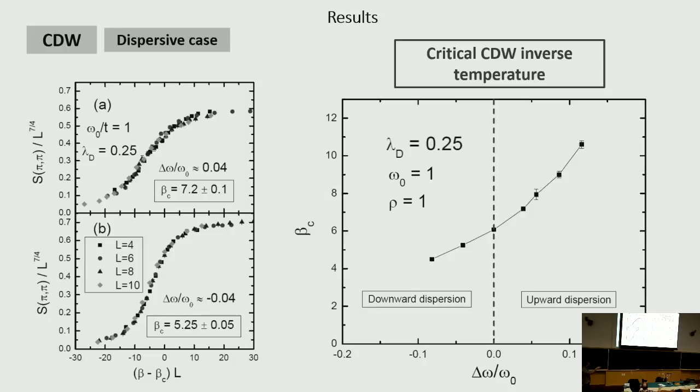In other words, I have to access very, very low temperatures to have charge ordering. While in the downward concavity, I enhance charge correlation, so the inverse of temperature decreases. In other words, the temperature is higher. So this is much more evident in this case.